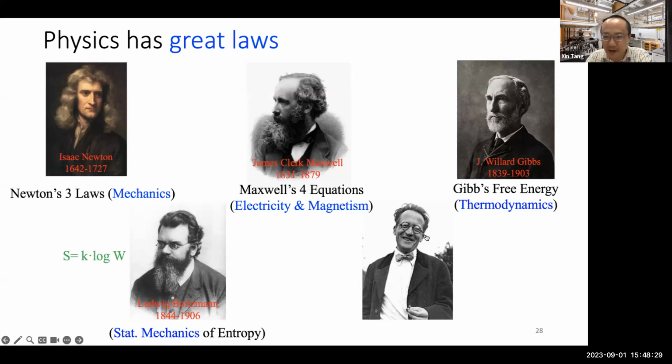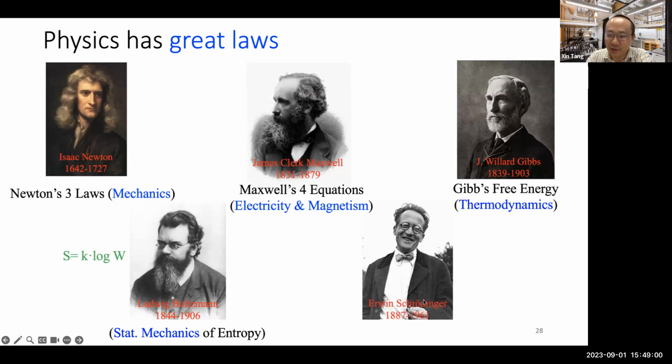This person, number five, is actually the person closest to biophysics. The first four were traditional physicists. They didn't work on biophysics, even though the laws and equations they developed can be applied to biological systems. But number five is a physicist who was the first to realize physics laws can be applied to biology.